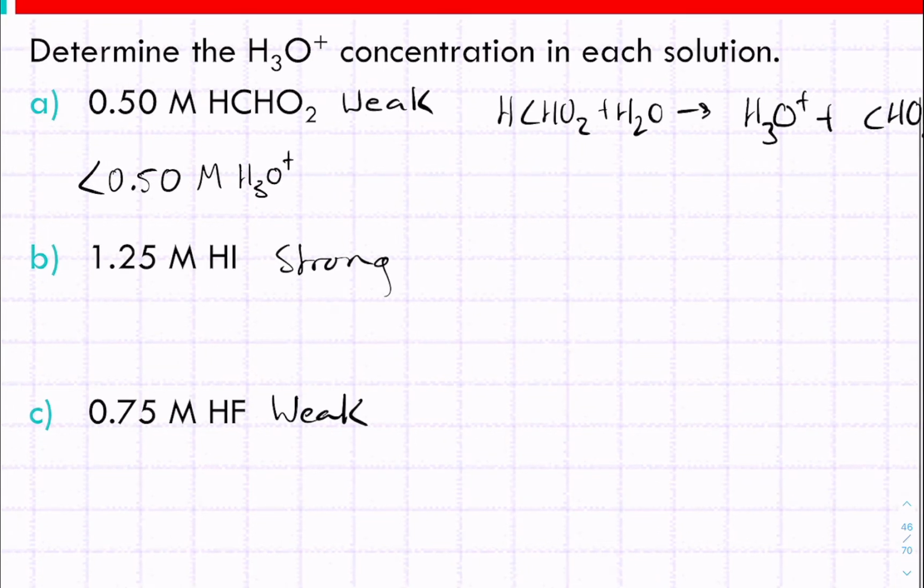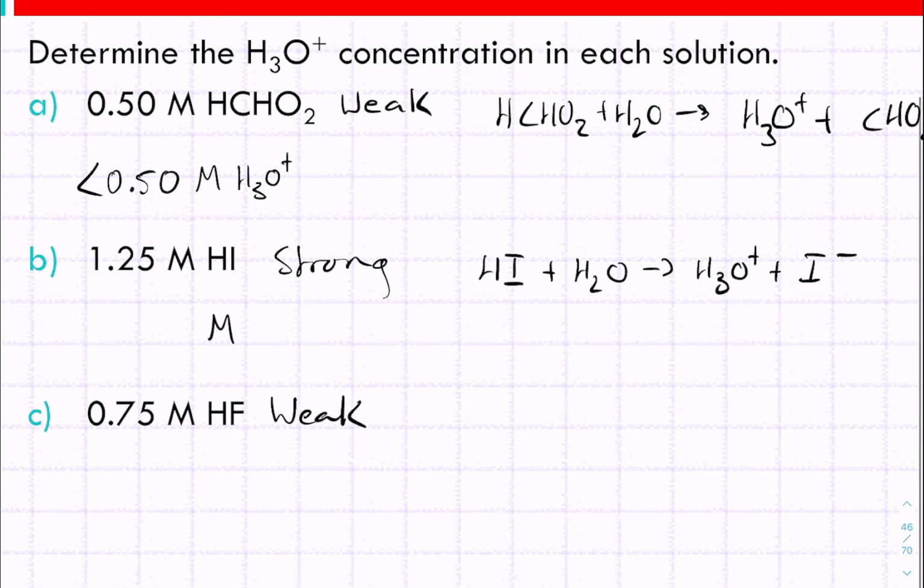So for hydroiodic acid, that is a strong acid. What would our concentration of H3O plus be? 1.25. Yeah, it completely ionizes.